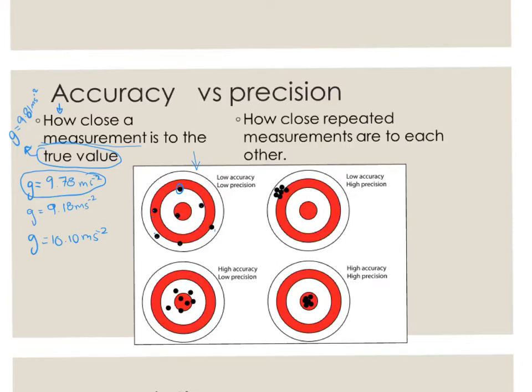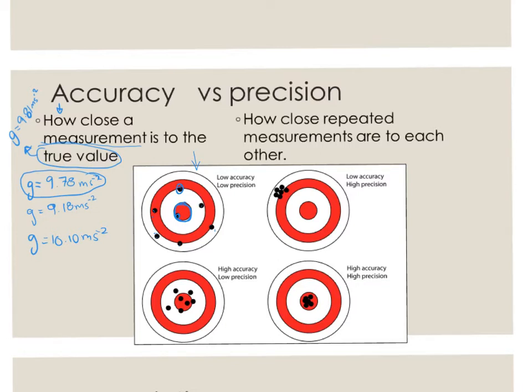All the measurements you made were quite far away from each other. But they're also low accuracy, because they're all spread around the bullseye, the center being the actual measurement, the correct measurement, the true value. You do have one value there, but if you consider that everything else is spread around it, it's not accurate.